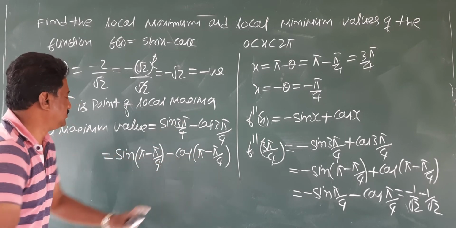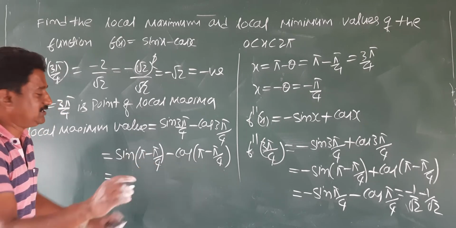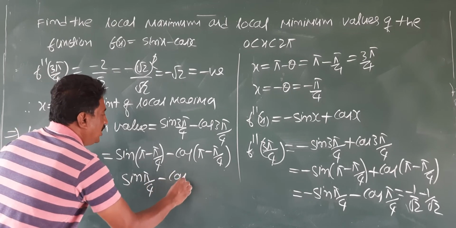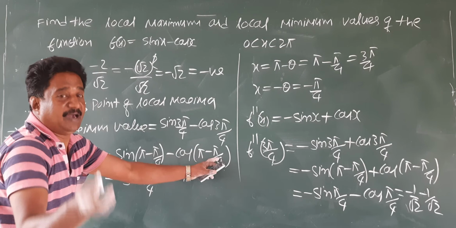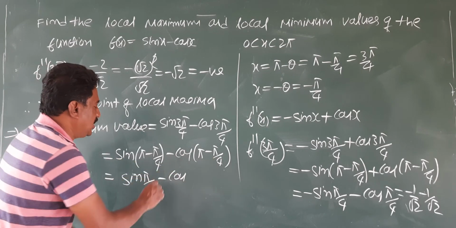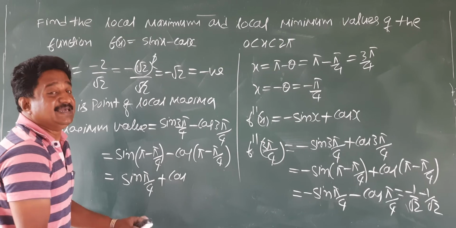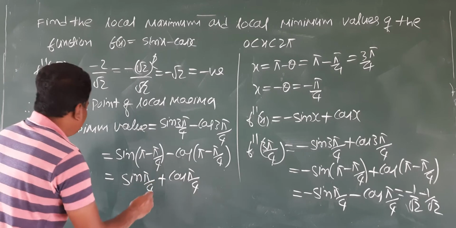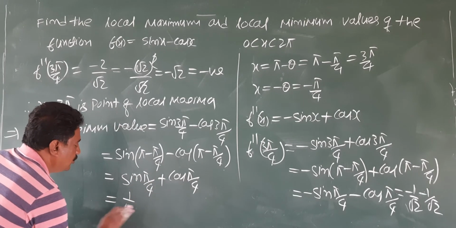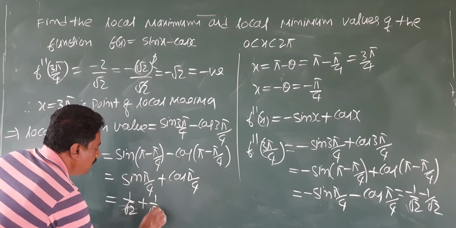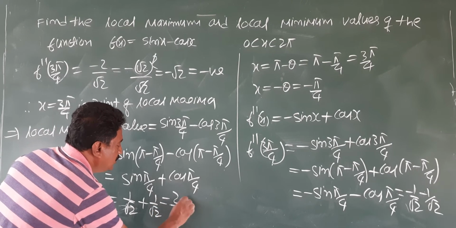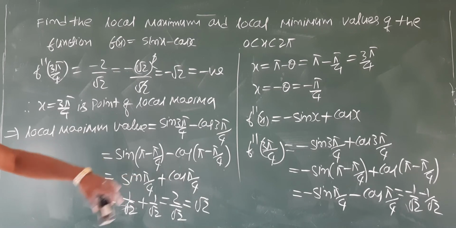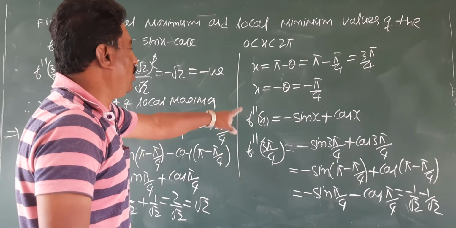Sin 180 minus theta gives sin pi by 4, minus cos 180 minus theta gives minus minus cos theta. In the second quadrant cos is negative, so minus minus plus, cos of pi by 4. Simplify that. So 1 by root 2 plus 1 by root 2, so 2 by root 2. It is root 2. How much is the local maximum value, students? So root 2.